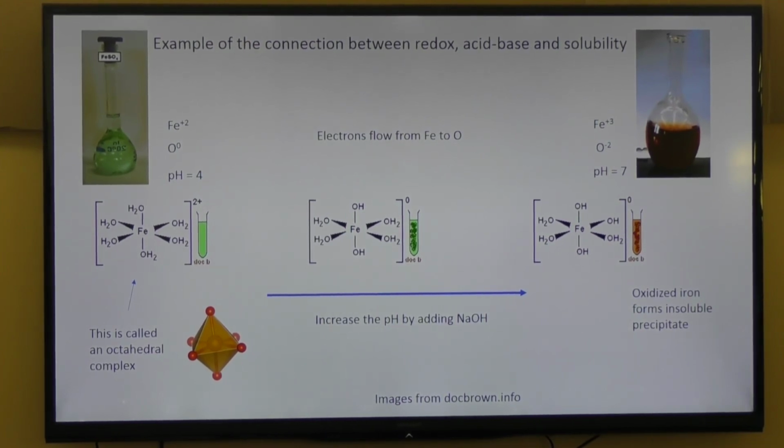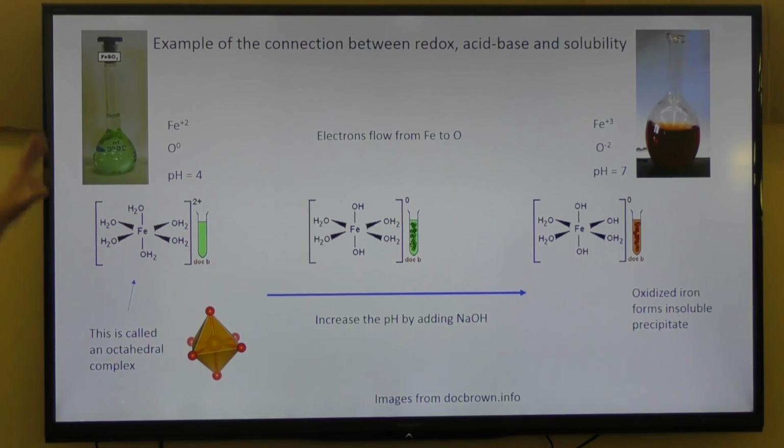There's a lot in this slide, I understand, but this is really the heart of why red and green appear. So this is iron plus 2. Two electrons have been removed from iron. There's also another ion in there.